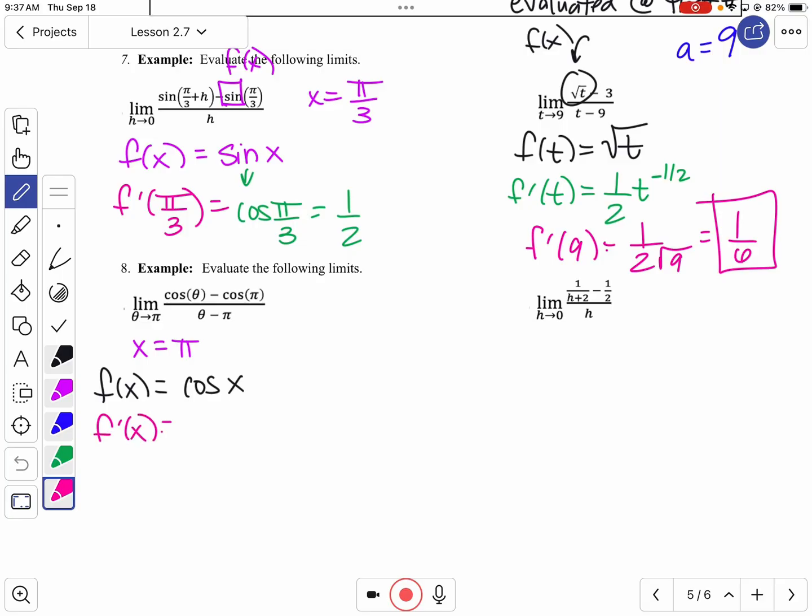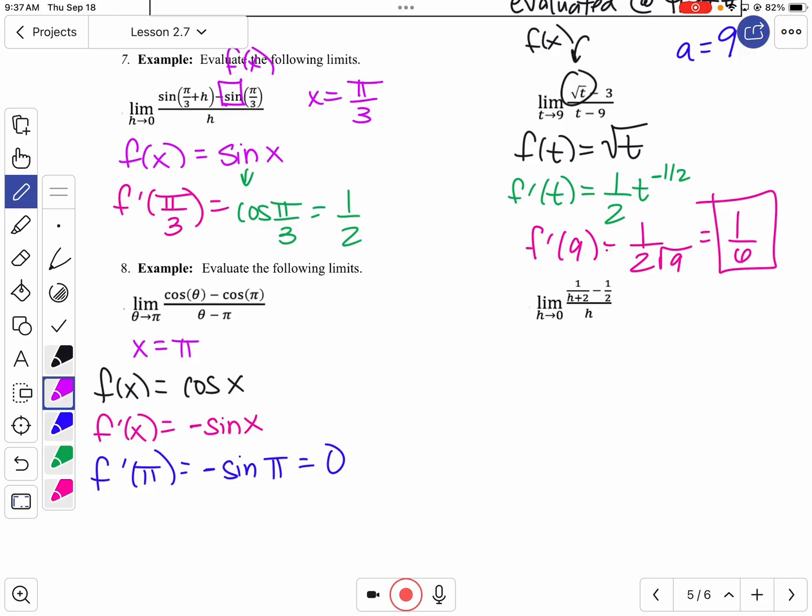Derivative of cosine is negative sine. We're going to evaluate it at pi. It's the opposite of the sine at pi, which is 0.